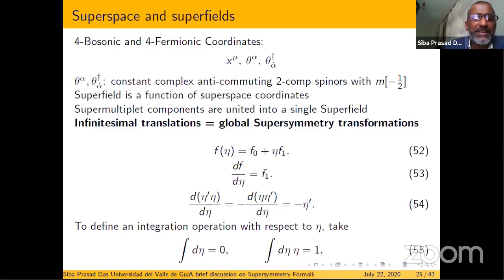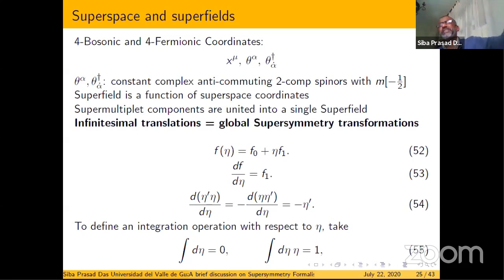Then what is done is that the superfield is a function of the superspace coordinate. This defines my coordinate in the superspace. Superspace is nothing but the ordinary four-space plus theta alpha and theta dagger alpha dot. The whole thing is superspace. The supermultiplet components are united into a single superfield.